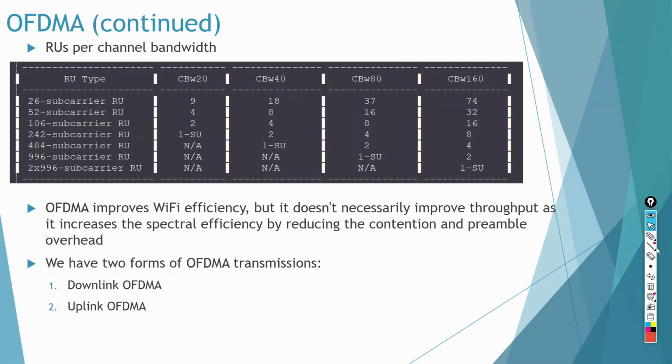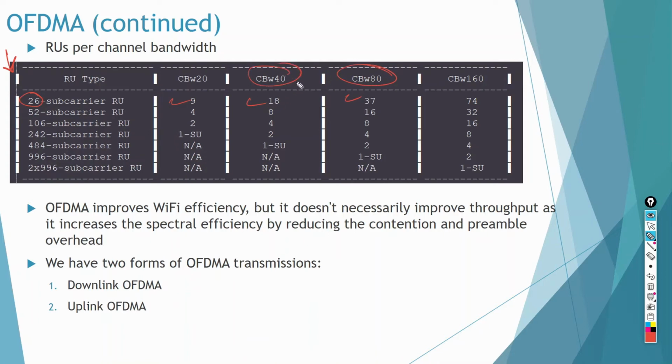Now I actually included this table here. We already discussed it, but I wanted to include it for your reference because it shows the relationship between the RU size and the number of users that we can support per channel bandwidth.